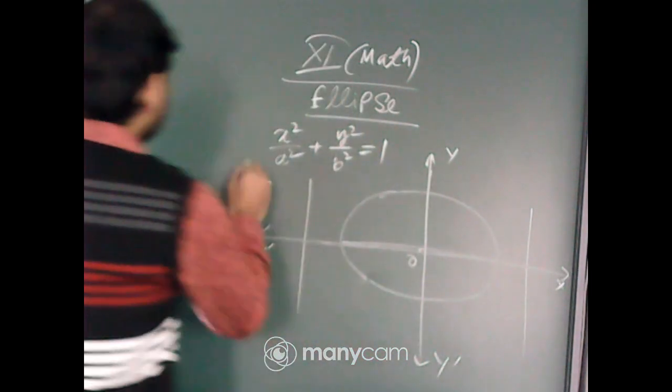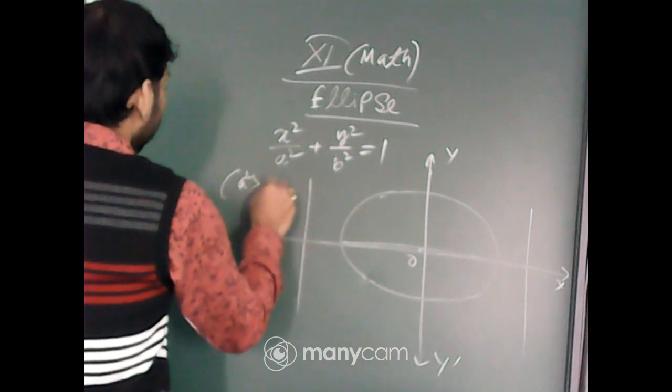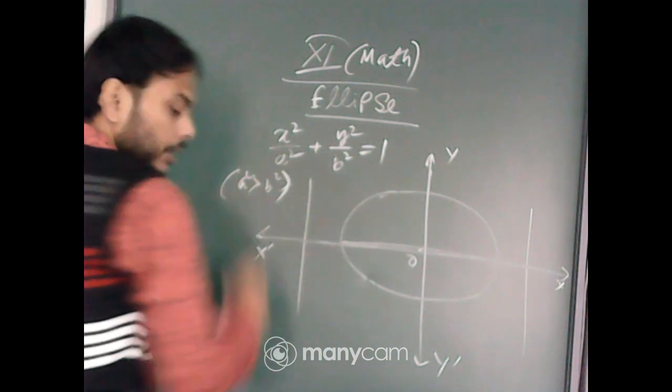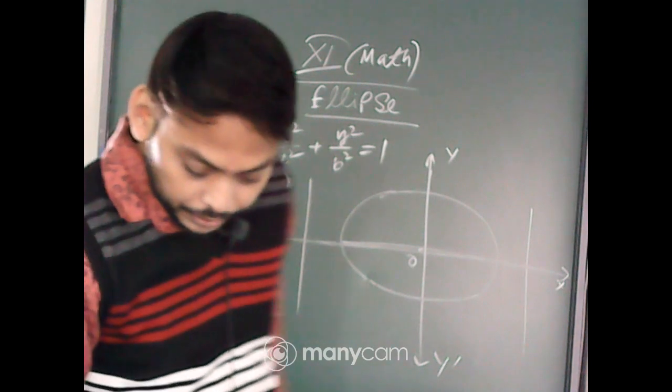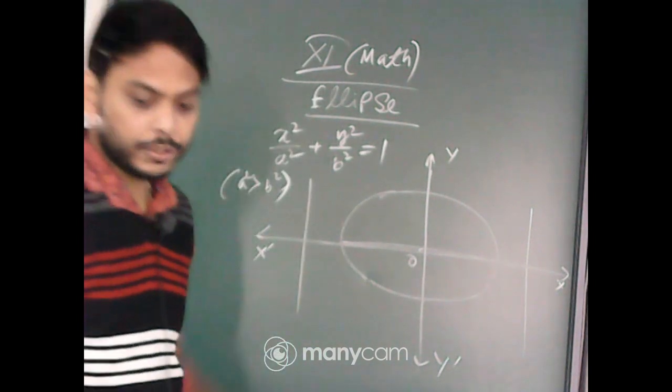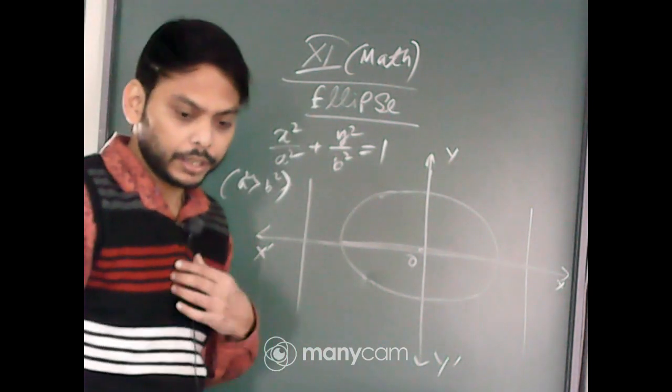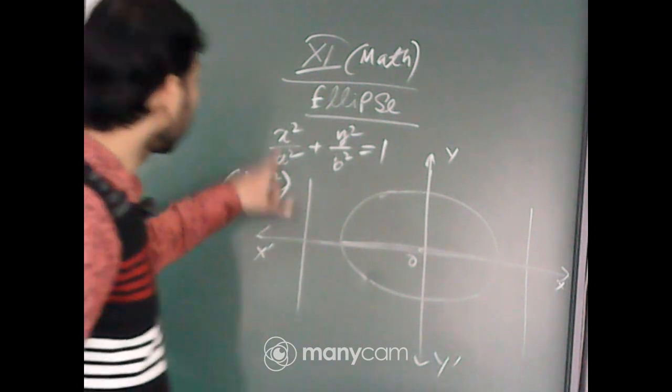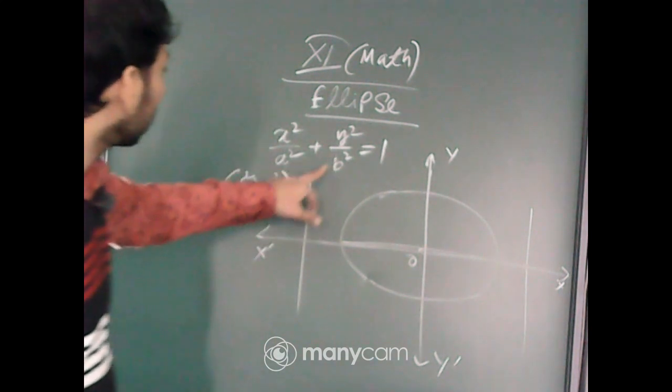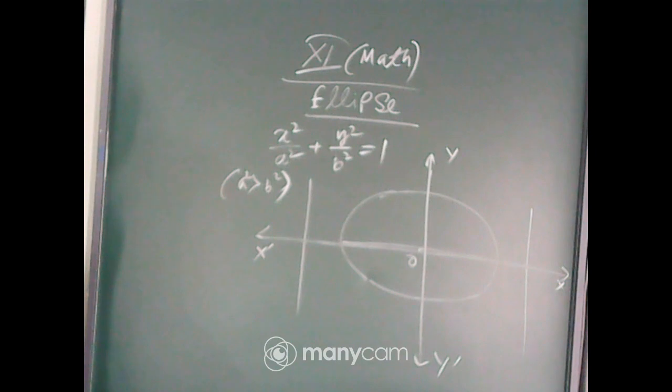And here a square greater than b square. This is the most important thing. Here must be a square greater than b square. That means the denominator of the x square is greater than the denominator of the y square.